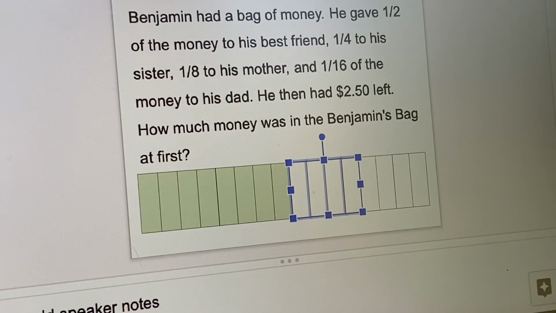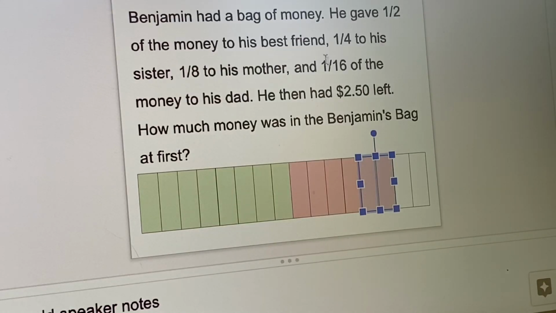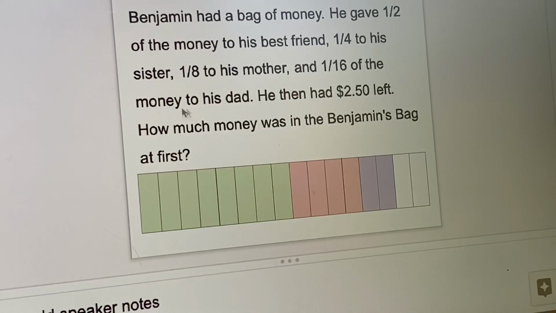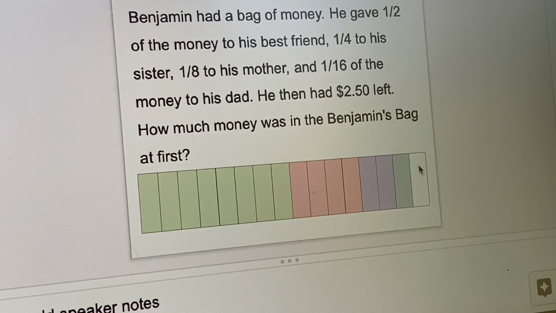A quarter to his sister. An eighth to his mother. Mother, we use purple color. And 1/16 to his dad. Oh, poor dad. Oh, poor dad. And this is 2.5.